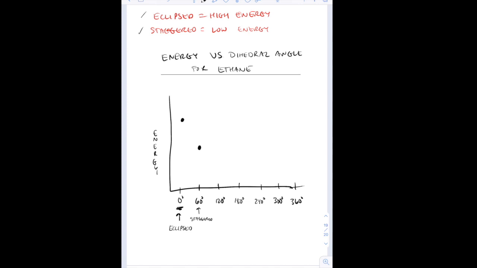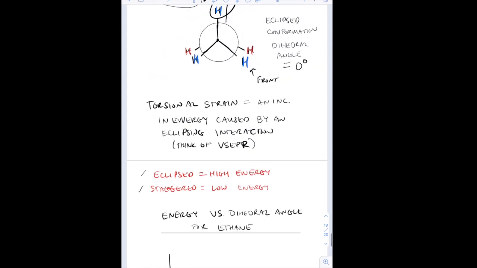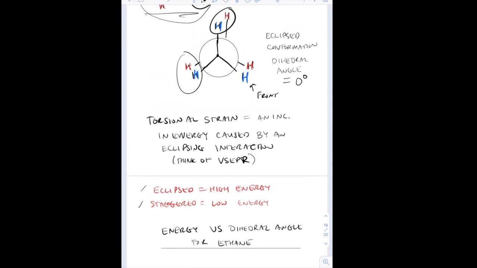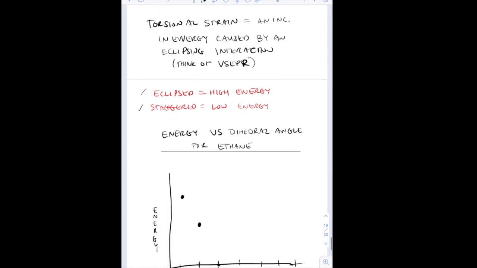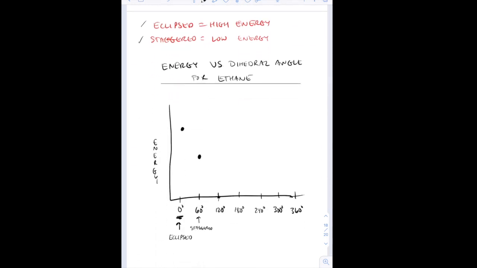But when we rotate another 60 degrees from that staggered state, we get back to an eclipsed conformation. Since all of these groups are the same, we get back to the same energy level, which was here.